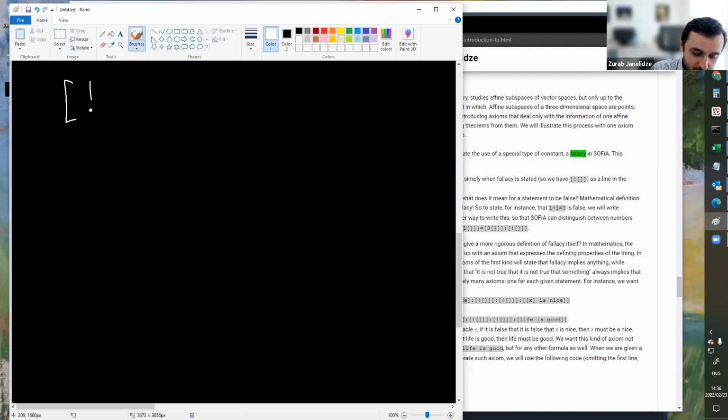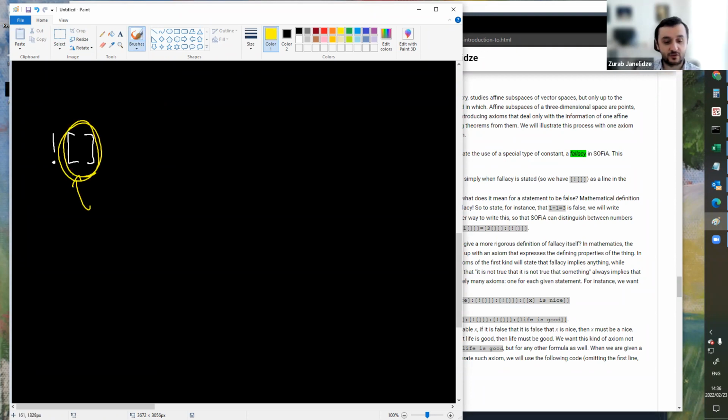The notation is this: exclamation mark, open bracket, close bracket. When it's stated, without the statement, the formula is just this. These brackets here are there to give me a constant, so that the exclamation mark is not a variable.